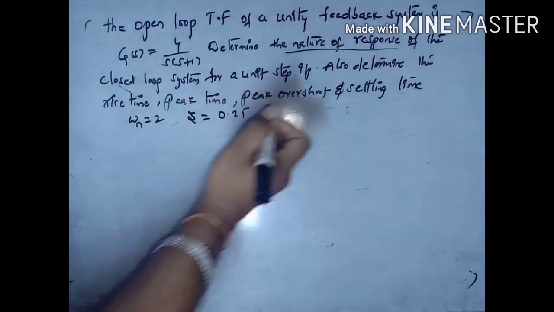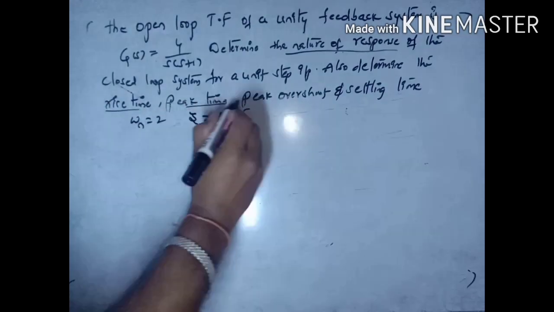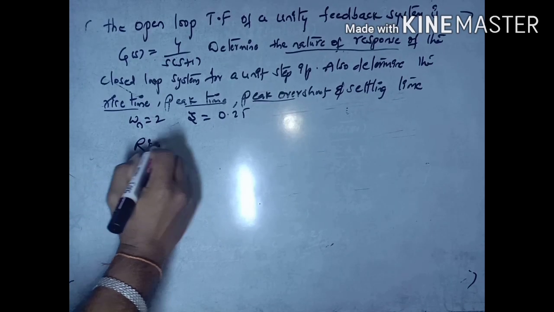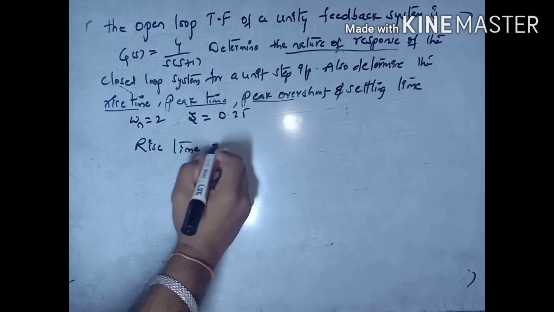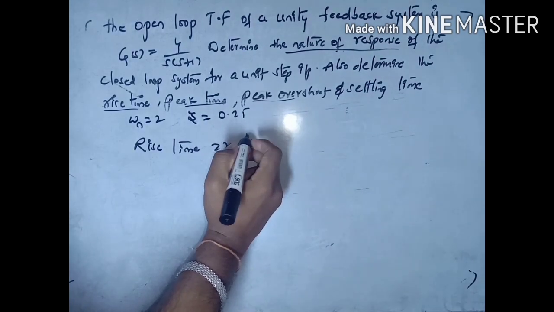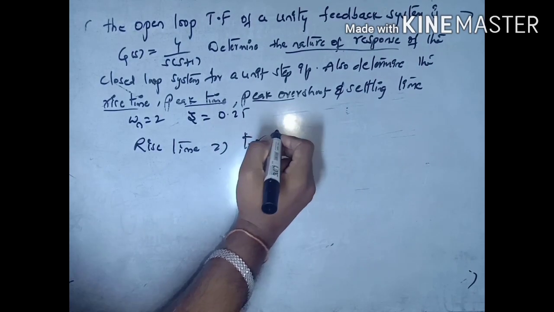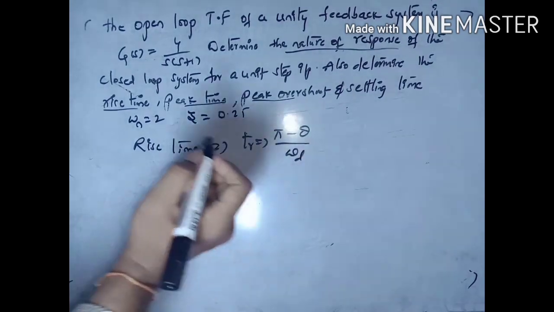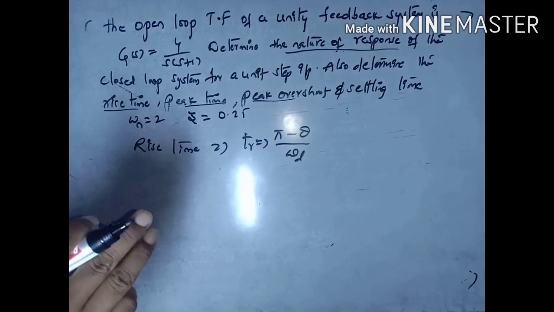Next, we are asked to find rise time, peak overshoot and settling time. First we will see rise time. Rise time TR equals (pi minus theta) / omega d. That is the equation for rise time.